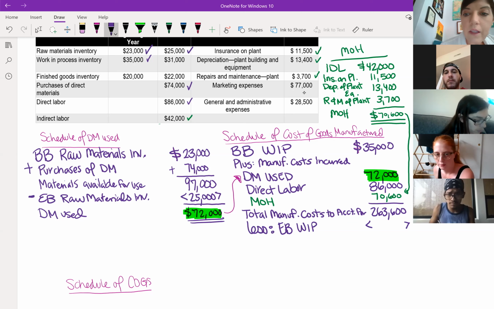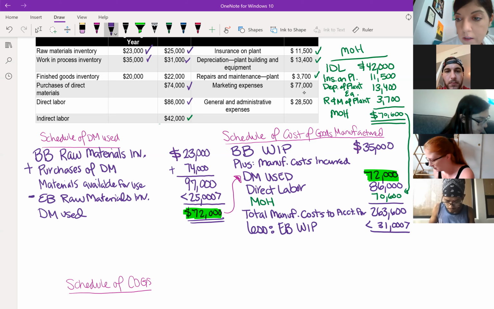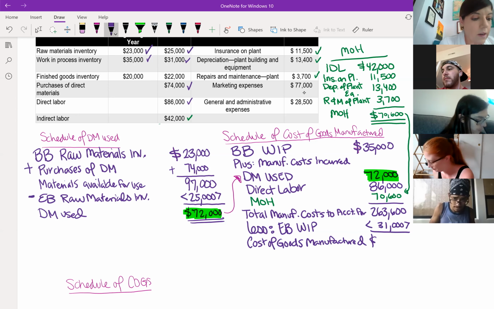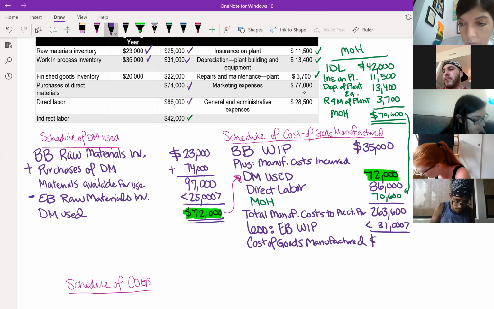We didn't complete those. They're still in process as of year end. 31,000 is going to be subtracted to calculate cost of goods manufactured. And this is 232,600.